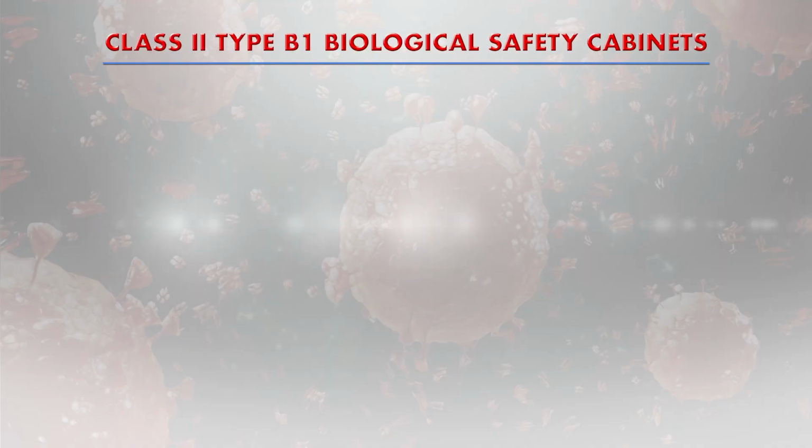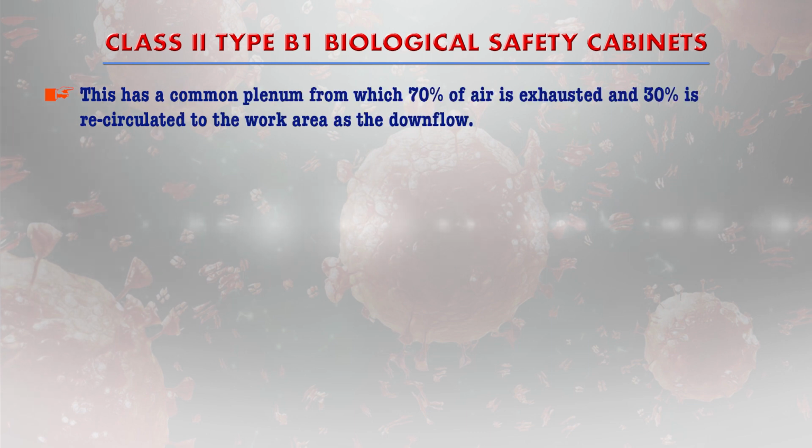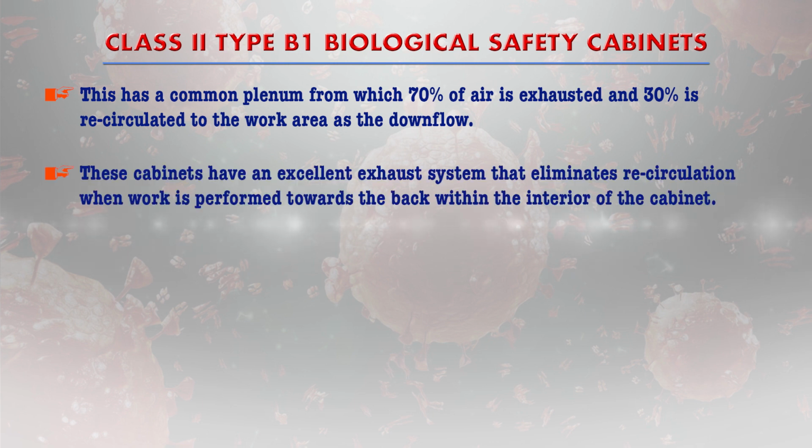The class 2 type B1 biosafety cabinet has a common plenum from which 70% of the air is exhausted and 30% is recirculated to the work area as the downflow. These cabinets have an excellent exhaust system that eliminates recirculation when the work is performed towards the back within the interior of the cabinet.